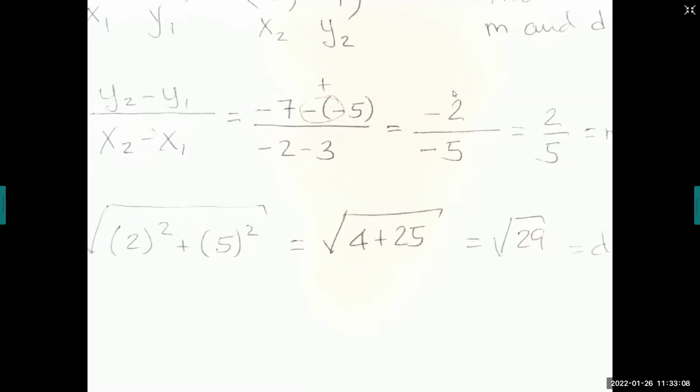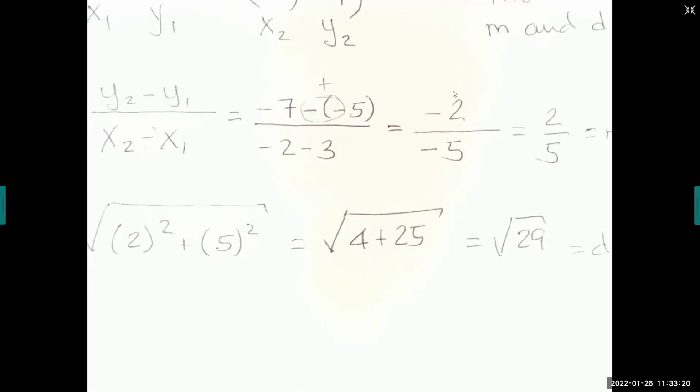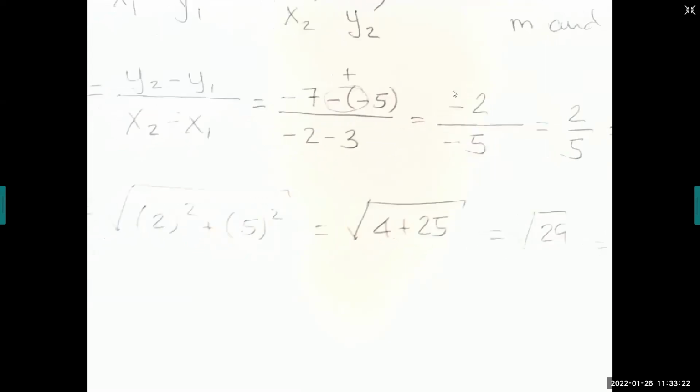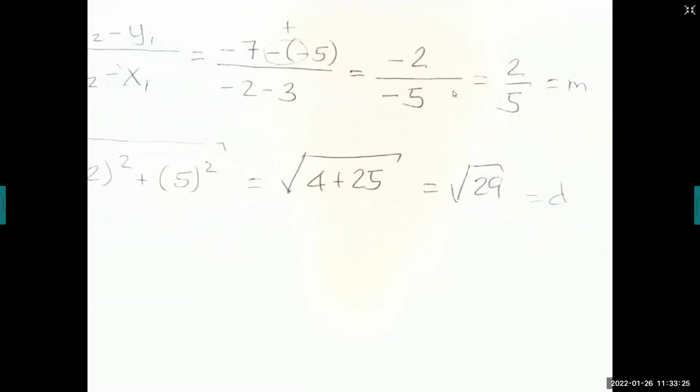Any questions about that one? Because if you notice, it is just plug and play. Once you have the points and you have the formula put down, just plug and play. All right.